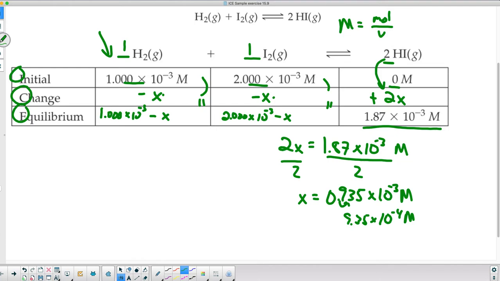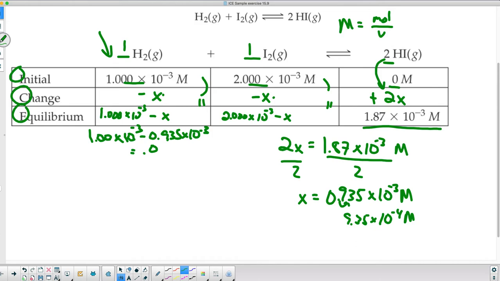So what is my equilibrium? My equilibrium concentration of H2 would, of course, be 1.00 times 10 to the negative third. This is the board screwing this up, so I'll just keep it like this, times 10 to the negative third. That way, when we get a number for this, it's going to be already in times 10 to the negative third.